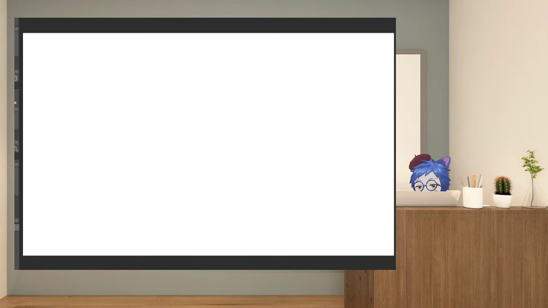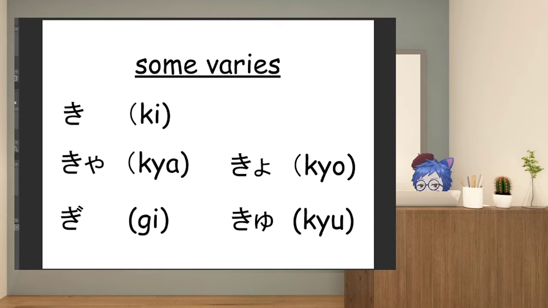Next will be the variety. So basically, what is the variety? I know some people will come across some words like, for example, this word "ki", and they'll be like, oh, there are different forms of the word. Yes, there are many. Some Japanese hiragana and katakana have different forms.